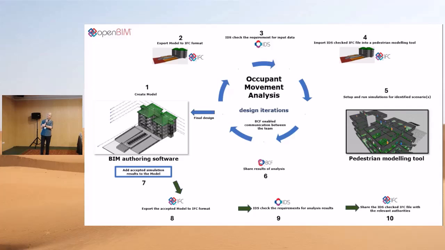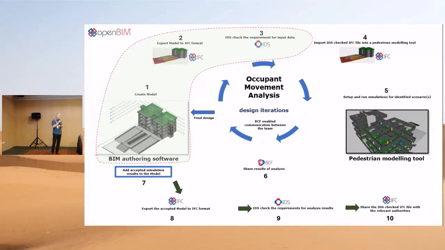And number three, take your IDS and check that that model has all the data in it. Now, those three steps are really the ones you need to do when you're creating an IDS file for buildingSMART. You're creating a new standard, a new set of data. It's those three stages you need to cover in the project.